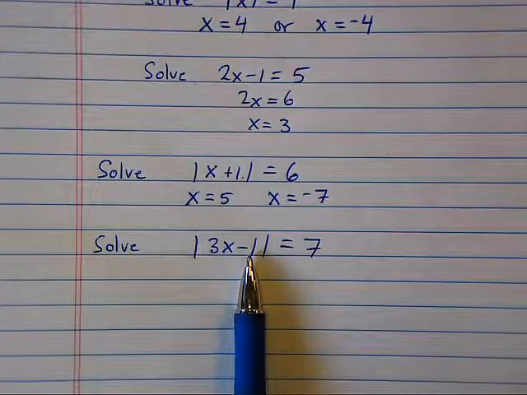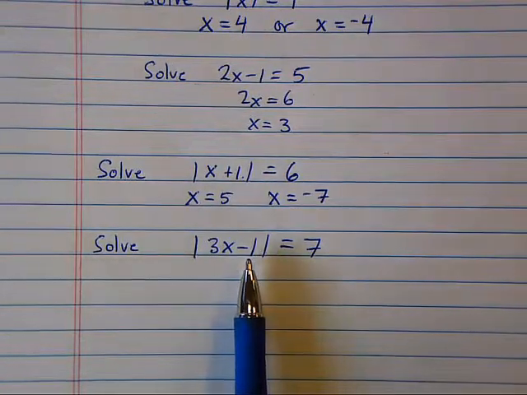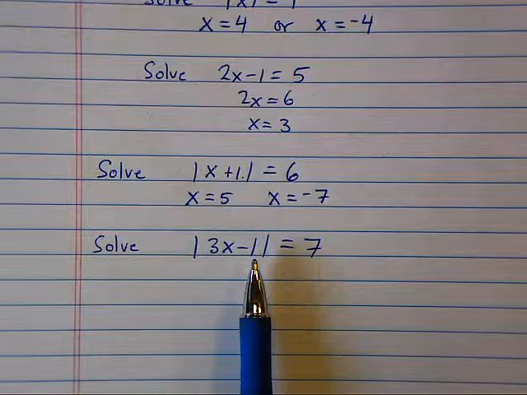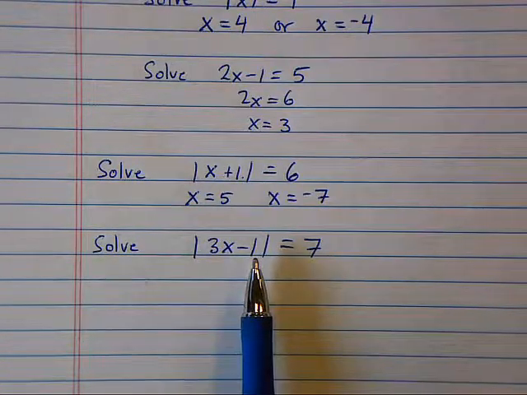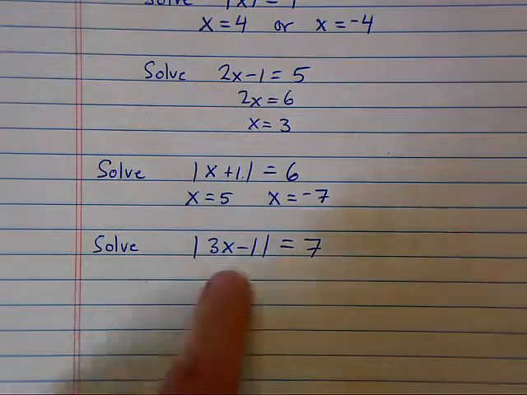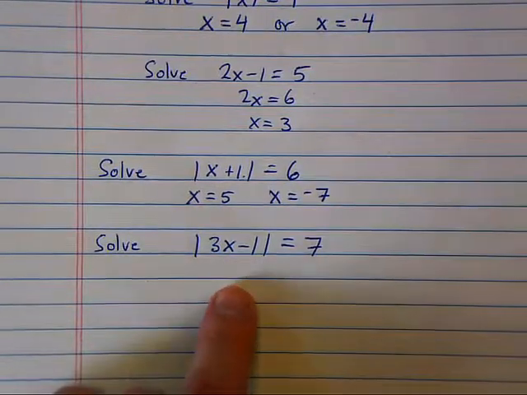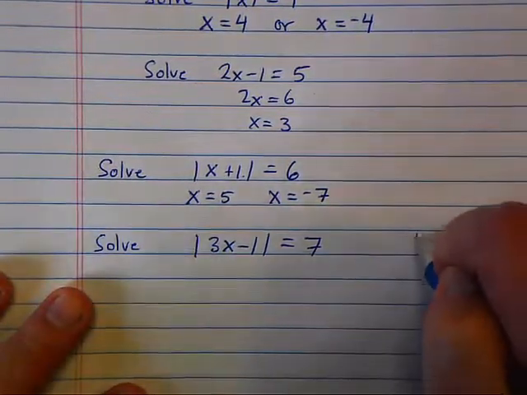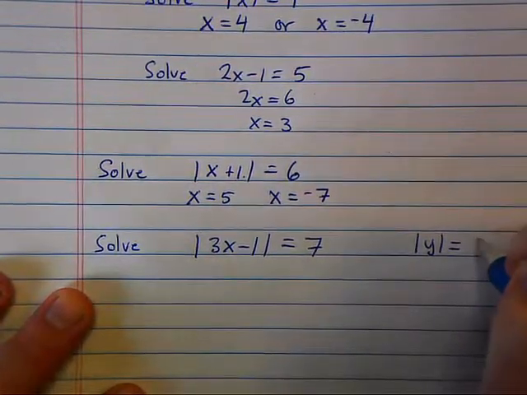Anybody tell me the other one? No, there's another one. Can't you solve it? I can solve it. Very good. How do we solve it? You just do it. I don't remember how you get those away. All right. So how do you get those away? That's the whole key. How do you get rid of the absolute value? Just for a minute, let's pretend I gave you absolute value of y equals 7.